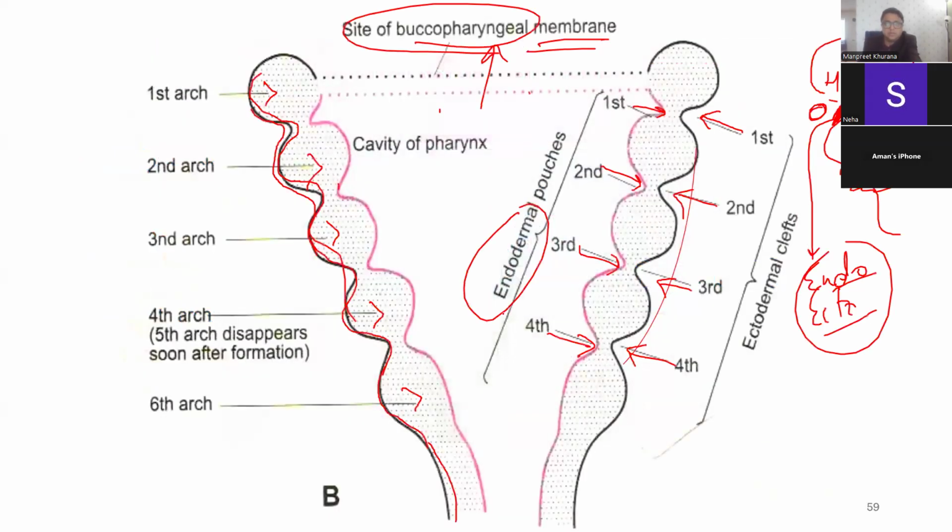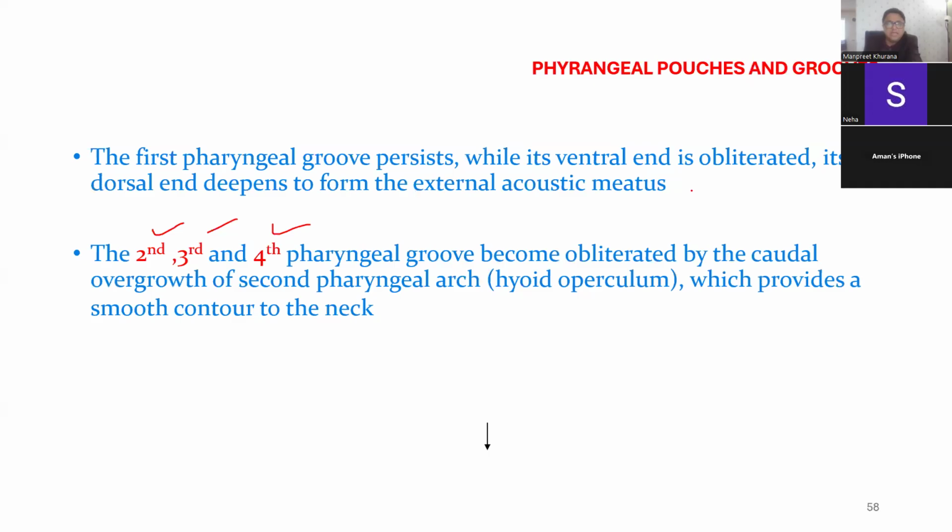Look here. Now if you see, he has shown a red line here, right? So they are obliterated. So I can say that the external acoustic meatus is formed from the first pharyngeal groove, right? From which end? The dorsal end.